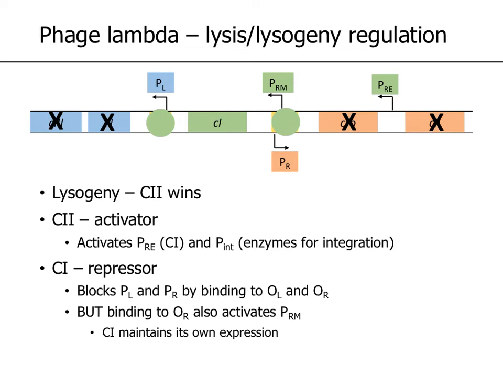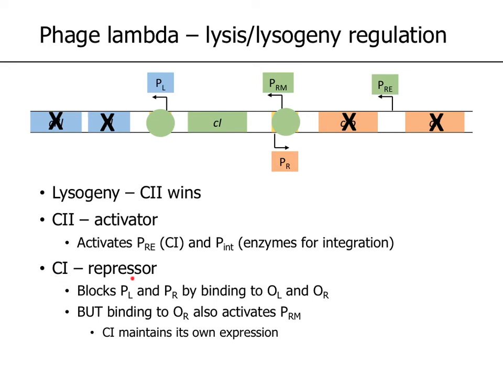This promoter controls the enzymes for integration, right? That's part of lysogeny. It has to be integrated into the host genome. The genes here are only the genes for this switch, but there is a promoter downstream somewhere that, if C2 is around, starts making the genes that require integration.